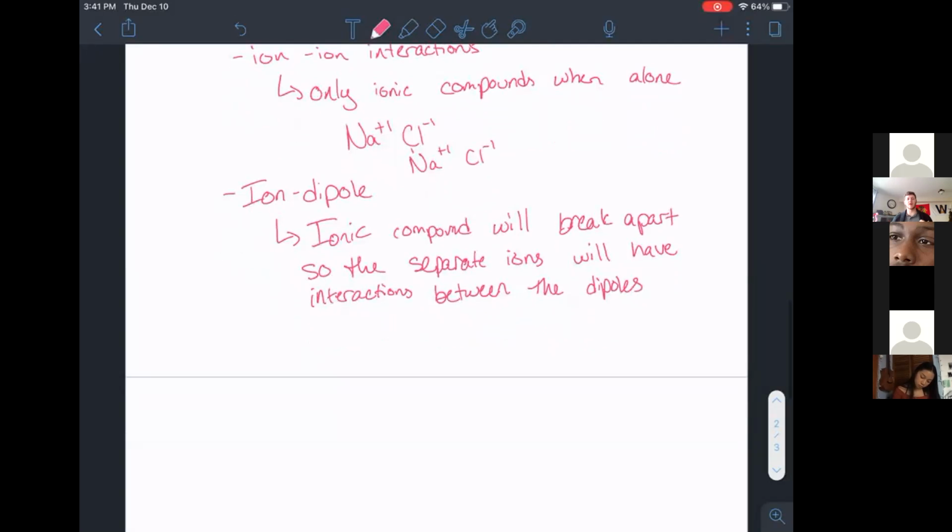So if we think back to our sodium chloride, when it separates, because it dissolves in water. So if I have my H2O, so my oxygen molecule like this, water is a polar molecule because we have a partially negative charged oxygen and partially positive hydrogens. So we have our partially charged parts of our polar molecule because oxygen has a larger electronegativity.